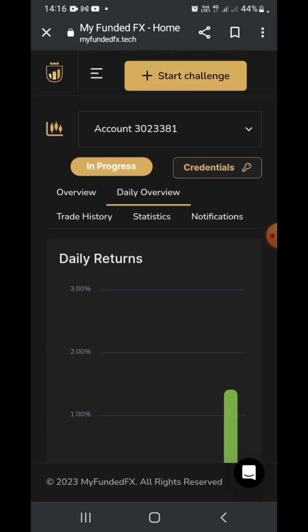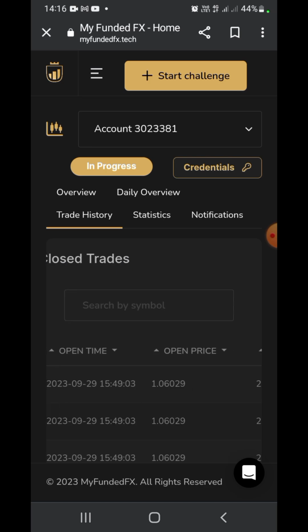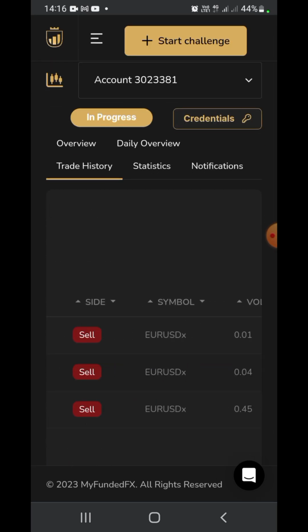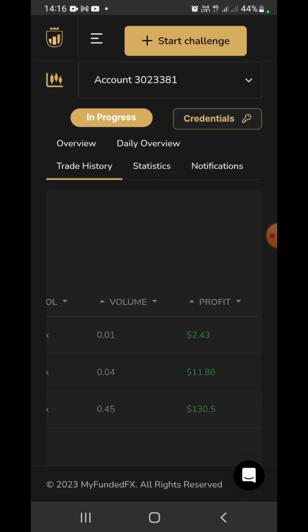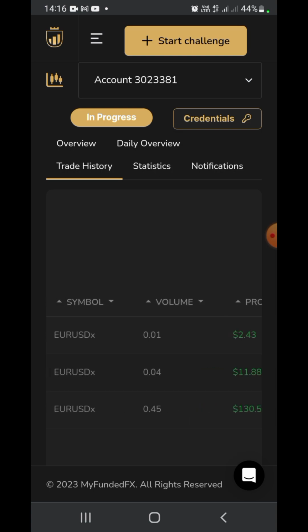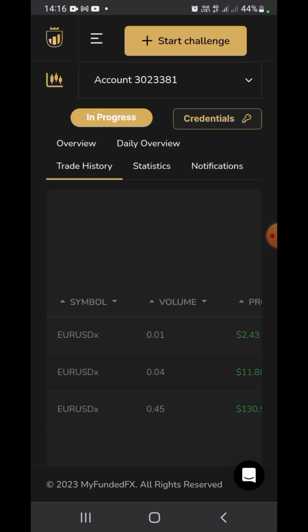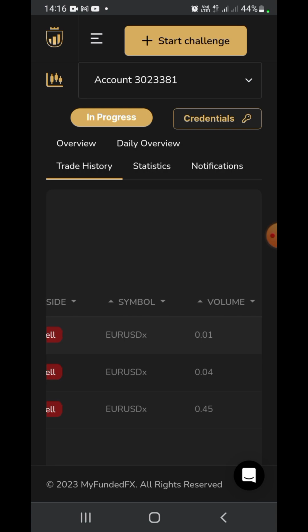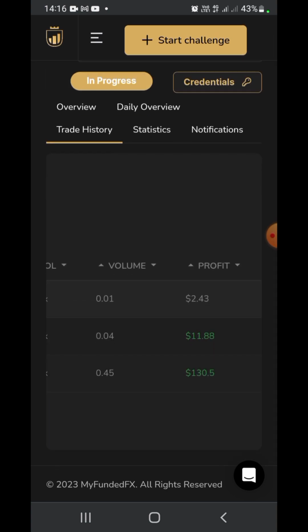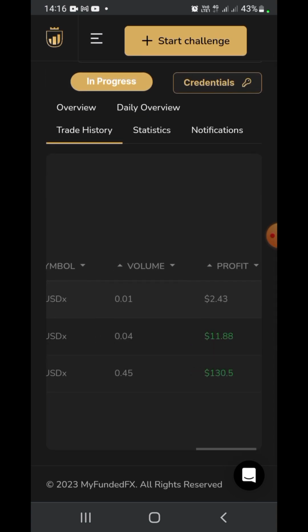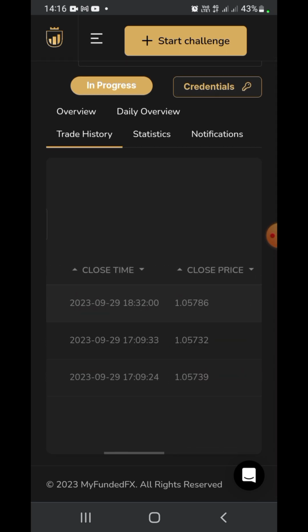So let's go to the trade history. I took just one position, but it's reading this way because of the partials I took. I took the first partials at $130, then the other partials I took at 0.04, and the other one hit TP.